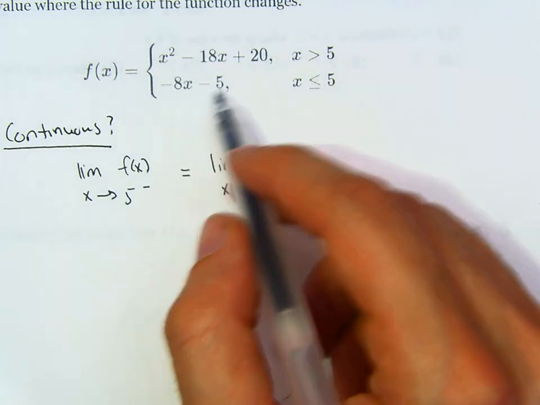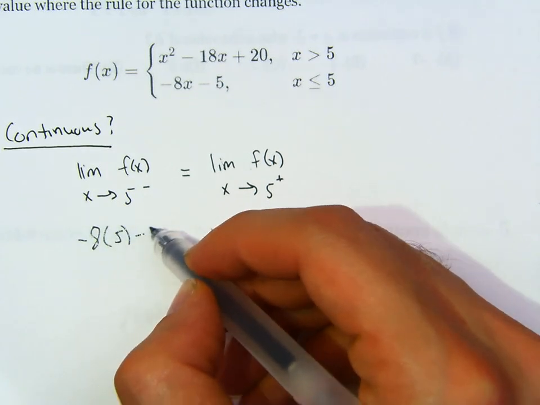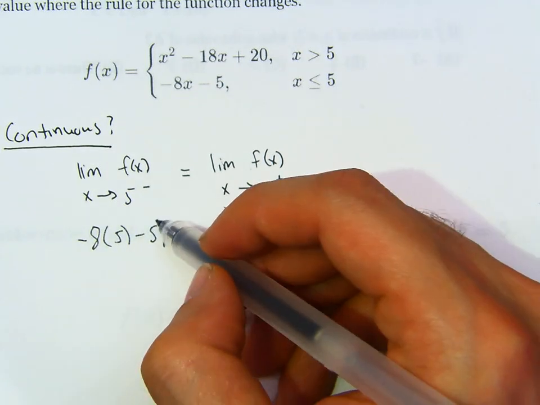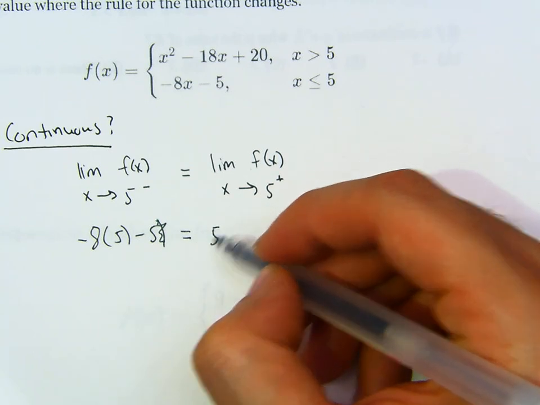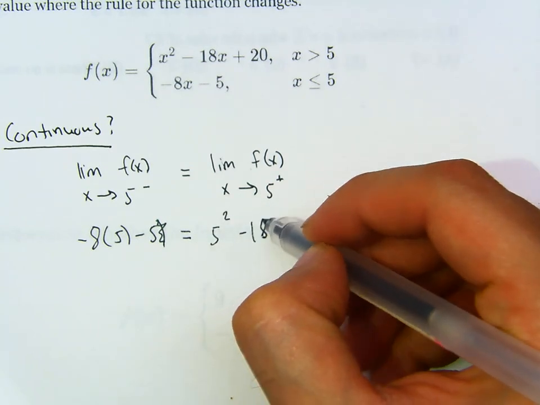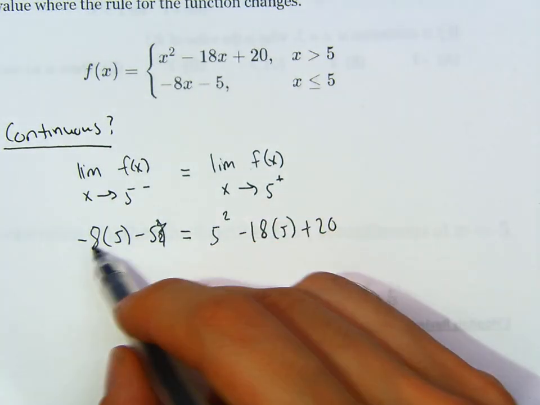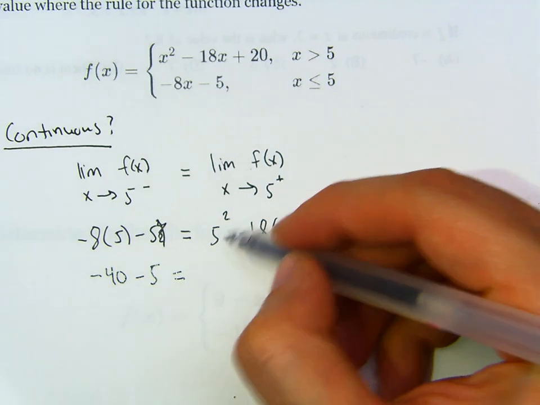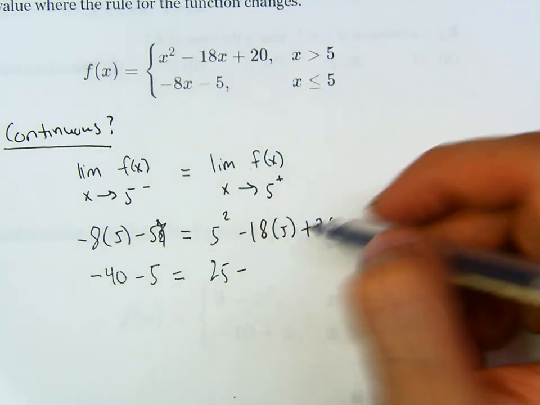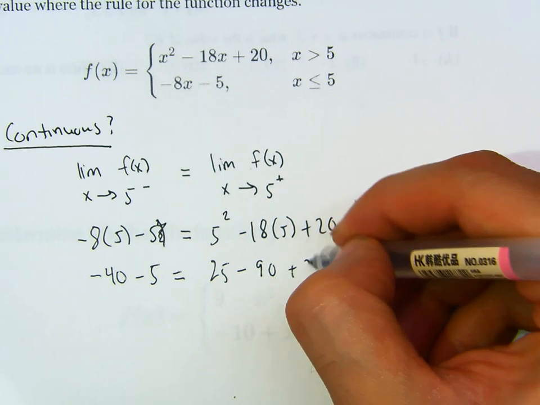So if I plug in 5 for the bottom, here negative 8 times 5 minus 5, does that equal 5 squared minus 18 times 5 plus 20? So here, minus 8 times 5 is negative 40, minus 5, does that equal 25 minus, what's 18 times 5? 90 plus 20.